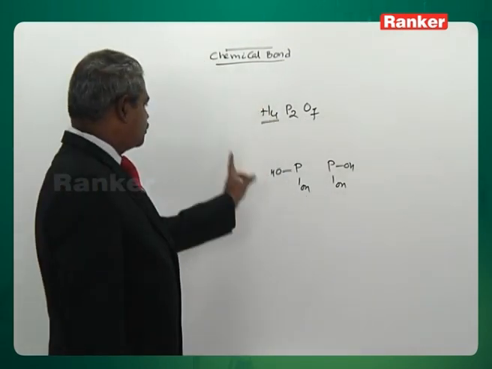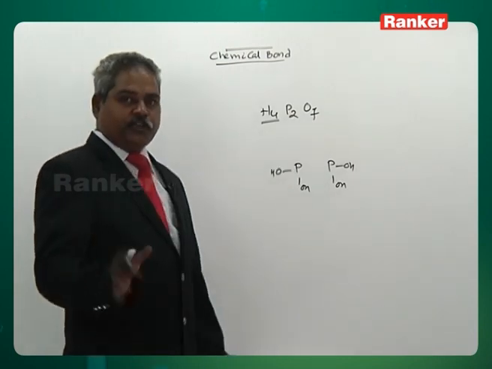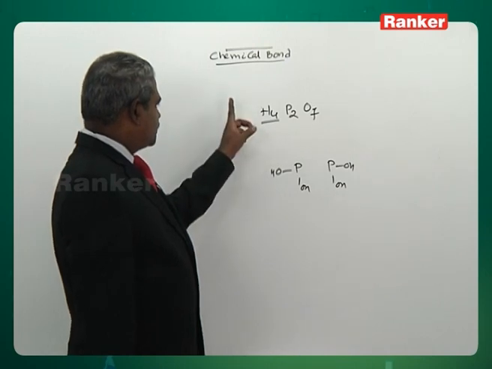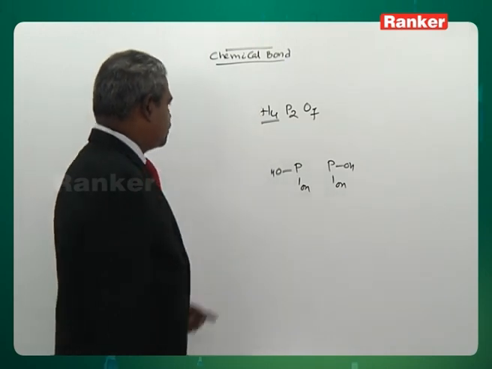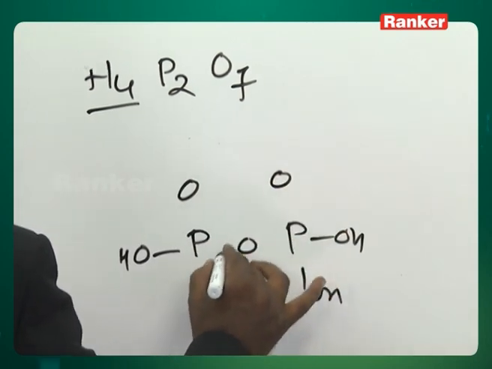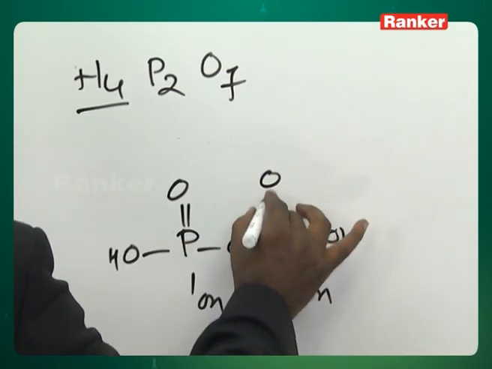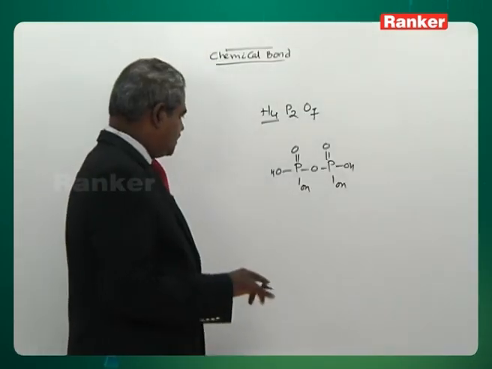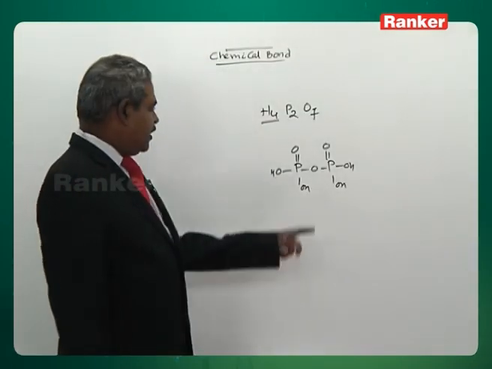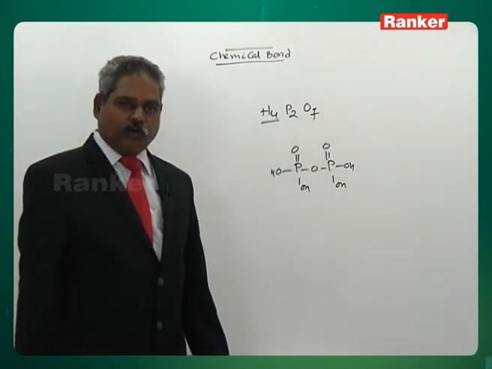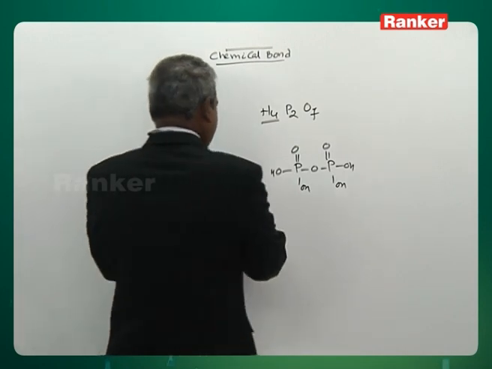If you have 4 hydrogens, 4 OH, except in 2-3 cases, don't bother about them. It is universal. 4 hydrogens, 4 OH, and 3 more oxygens distribute equally, and the 7th oxygen in the middle is shared by both. So, in fact, you don't have an oxygen-oxygen single bond. You never have a direct bond between oxygen and oxygen. That was not even needed.